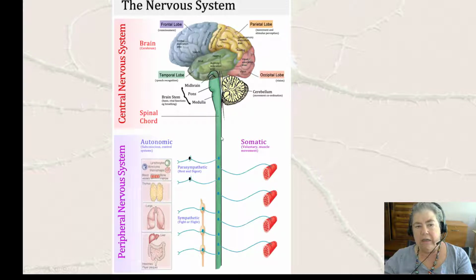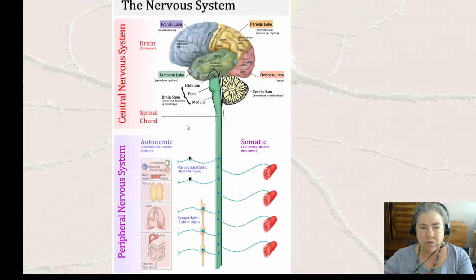Okay. This diagram of the nervous system shows the divisions that we've talked about, the central nervous system and the peripheral nervous system. Spinal cord is part of the central nervous system. The peripheral nervous system is divided into sensory and motor.